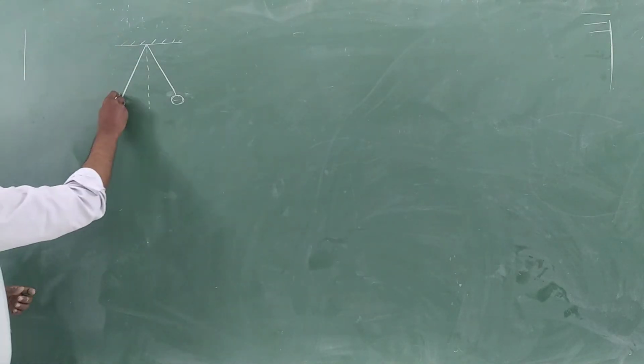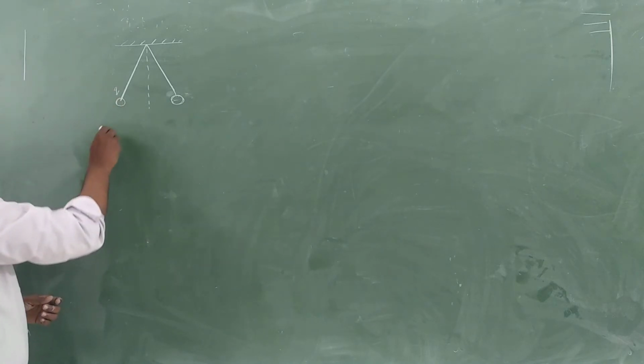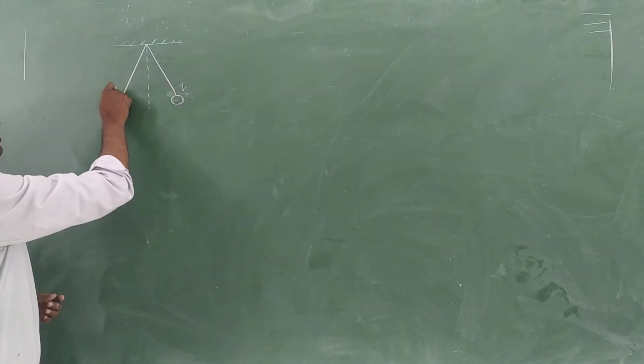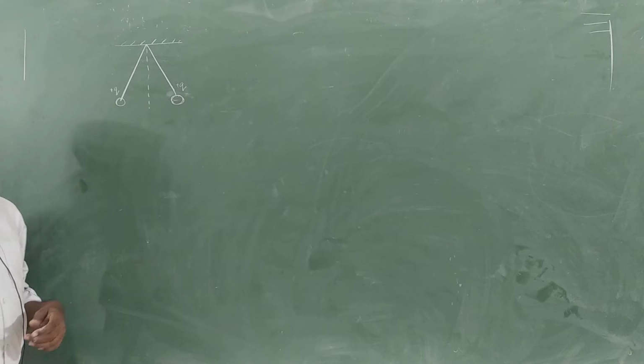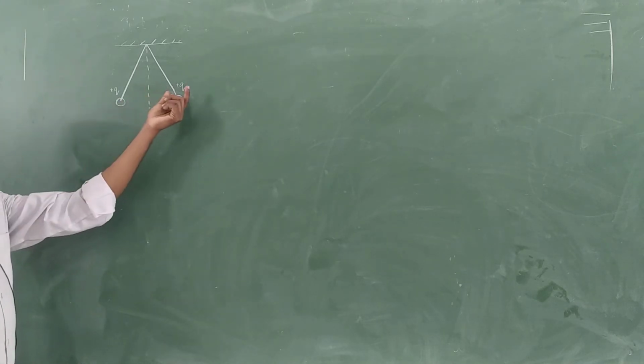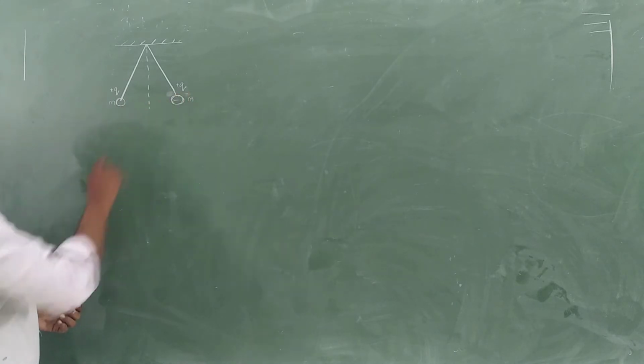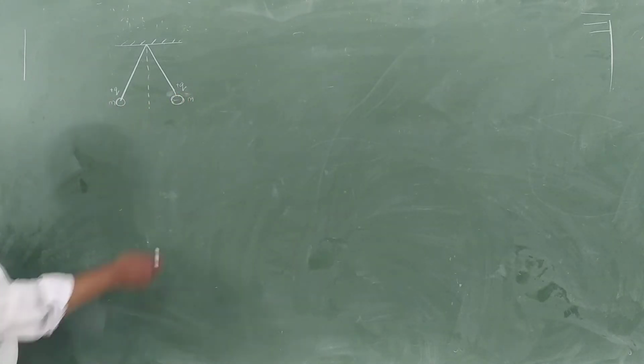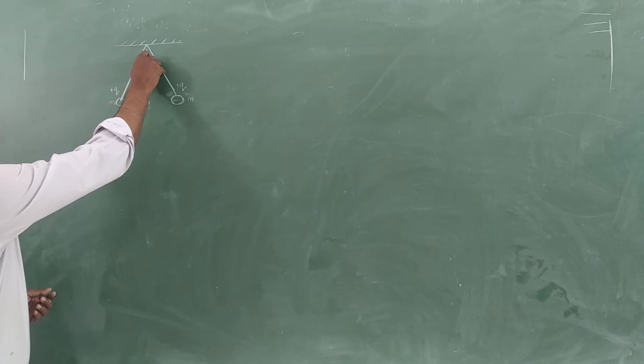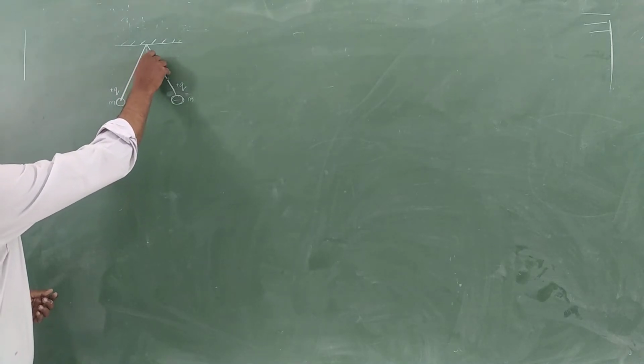If these two have the same charge, Q and Q, like charges, plus Q and plus Q, and the masses of them are the same, let it be M and M. Now, with respect to the vertical, they make an angle theta.